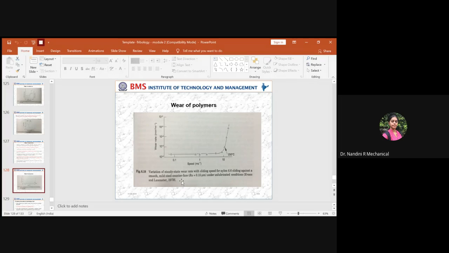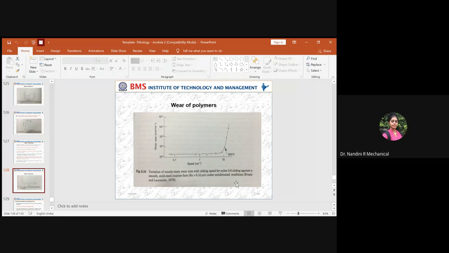So you had two different mating elements. One was nylon of grade 6.6, slid against a smooth surface made of mild steel. The main thing you have to understand is that it was unlubricated. There was no lubricant layer in between to form an adhesive layer or lubricant film.